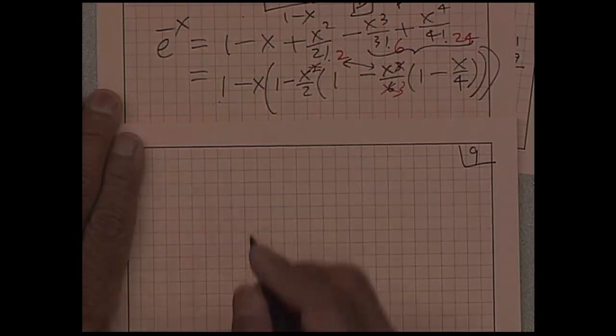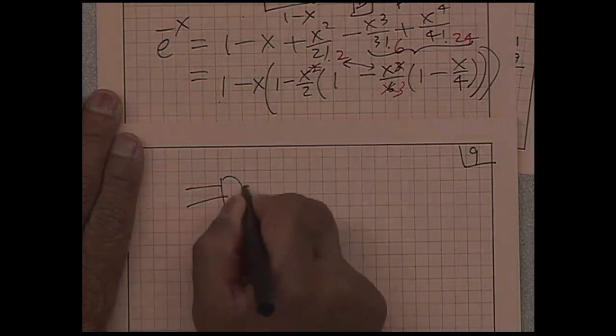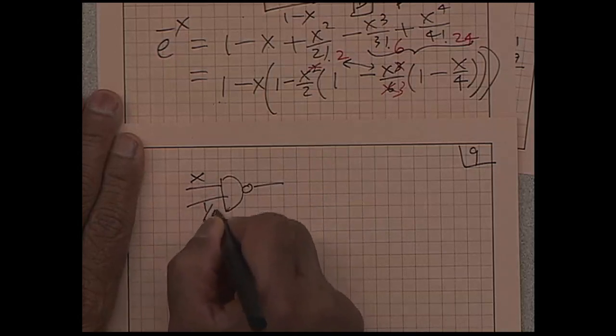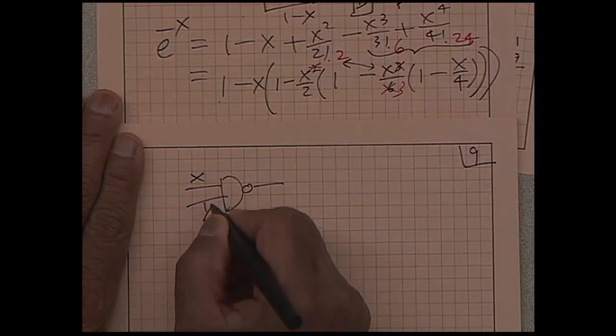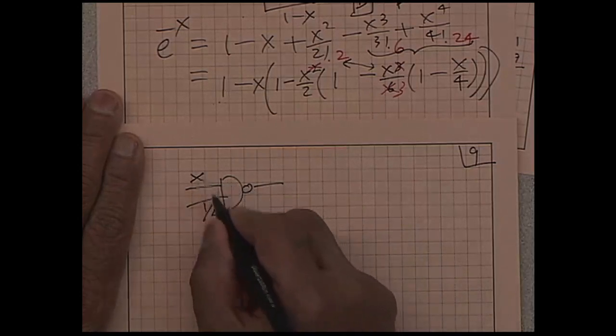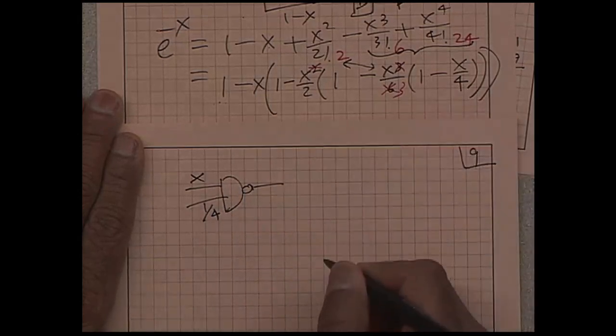How do I implement 1 minus x by 4? So this is x, this is 1 by 4, so that's 1 minus x by 4. So AND makes it x by 4, inverter makes it 1 minus x by 4.